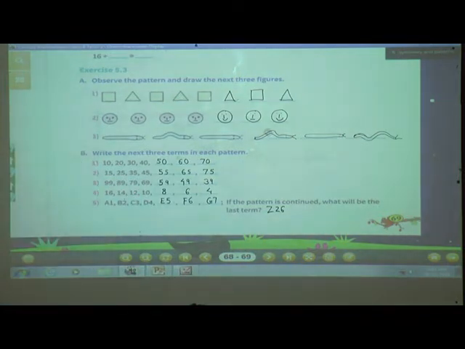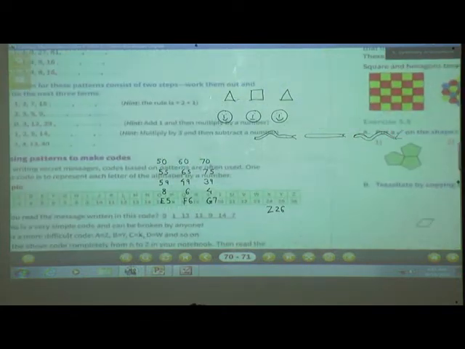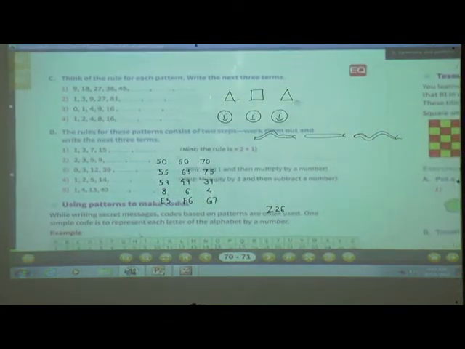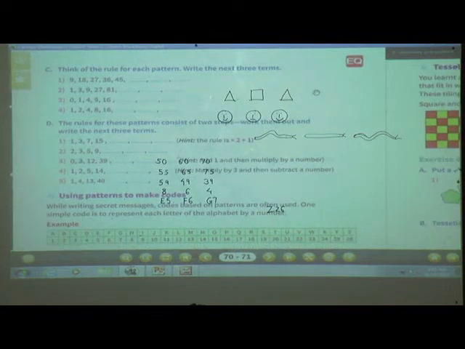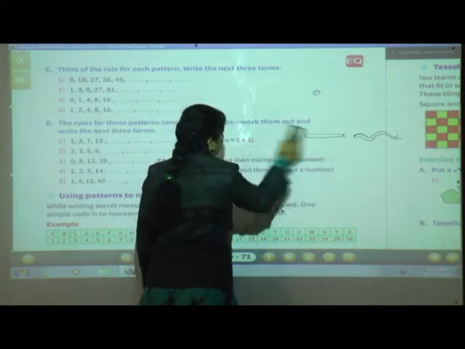Now next one, page number 70. Here see, read the question.